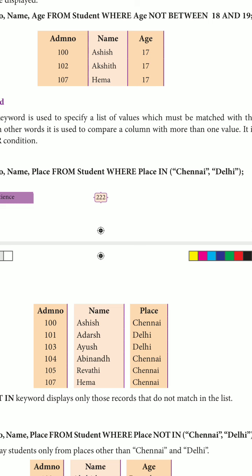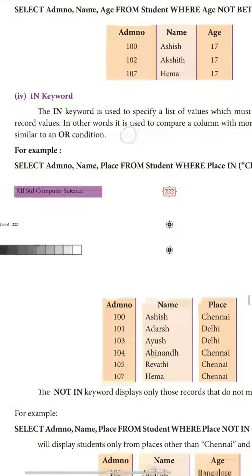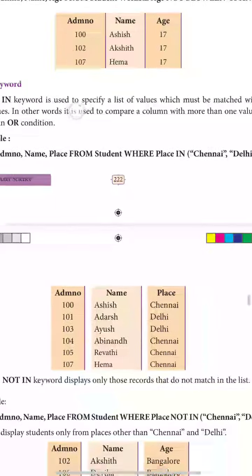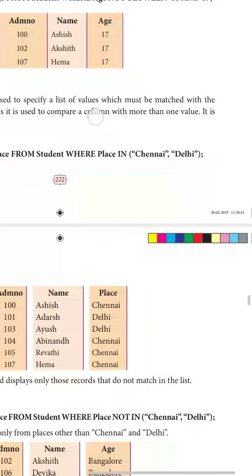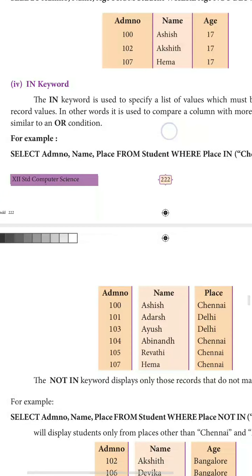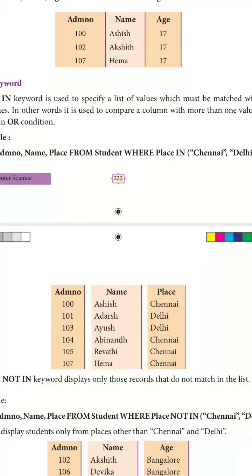Here you can see they have given an example: select admission number, name, place from student, where student is the table name, where is the keyword, place is the column name, in is the keyword. So this instruction will show the admission number, name, and place of a student where place is equal to Chennai or Delhi.